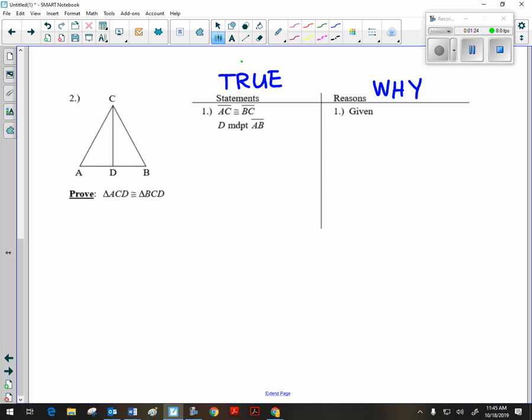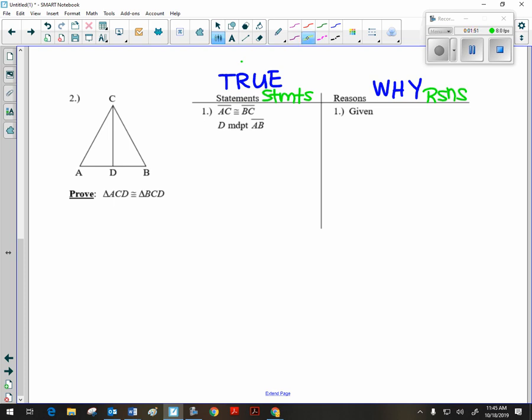Instead of putting them in paragraph form, they've written them in a proof form. If your paper does not have a statement reason chart drawn on it, that means that you draw your own. If you don't want to write out the whole word statements, you can abbreviate it STMTS, and reasons RSNS. Please note that just an S or an R is not acceptable.